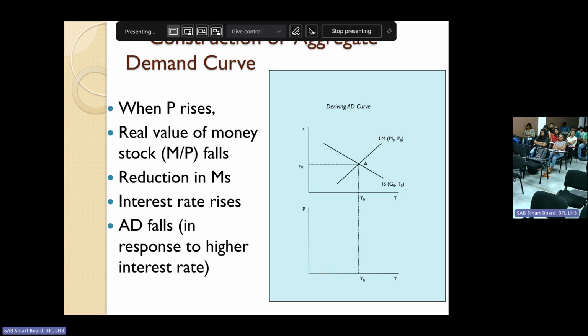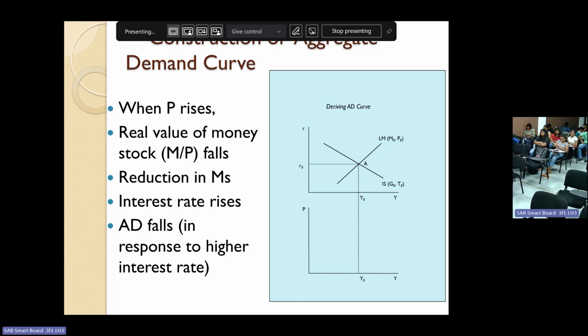If there is a rise in the price level, that reduces the value and purchasing power of money, so in real terms it reduces the money stock, and that will have an impact on the LM curve.